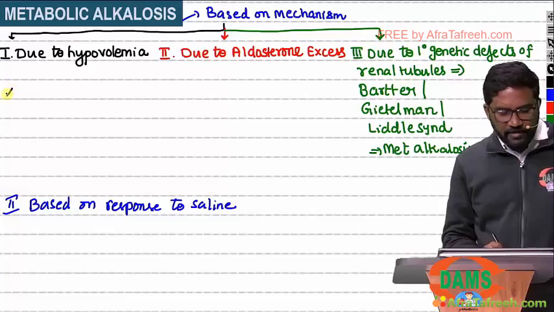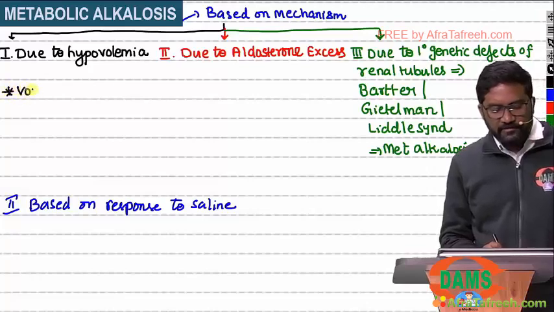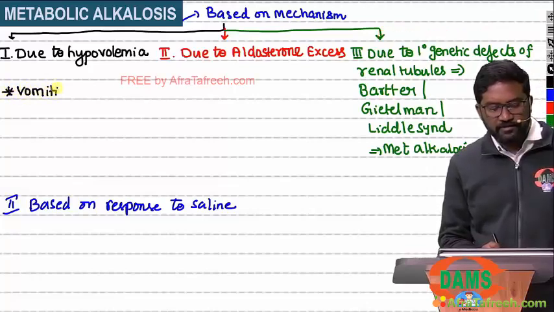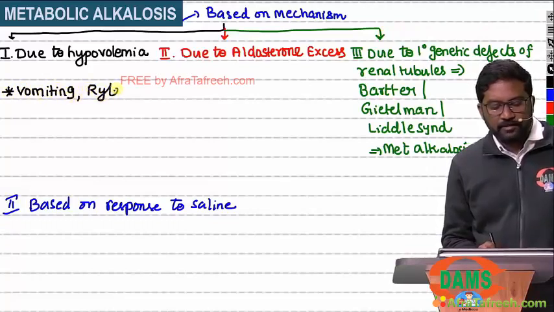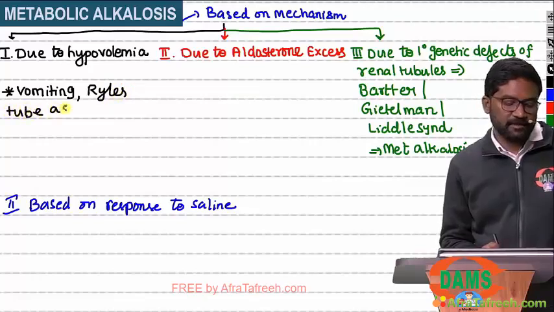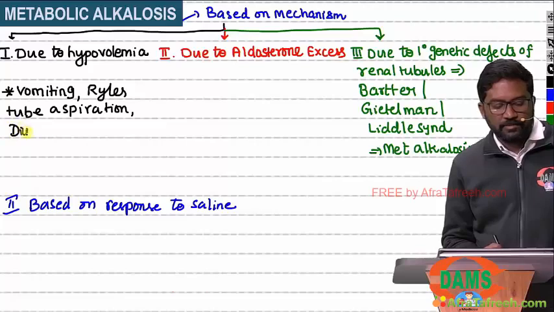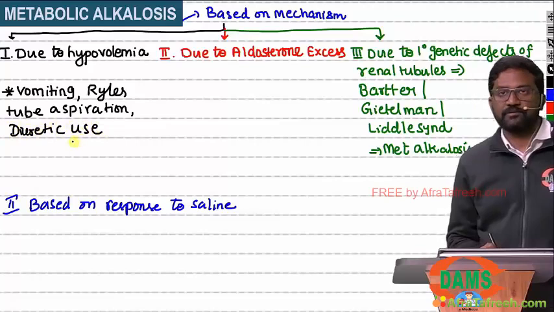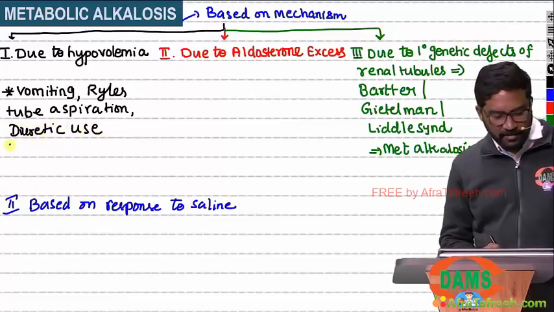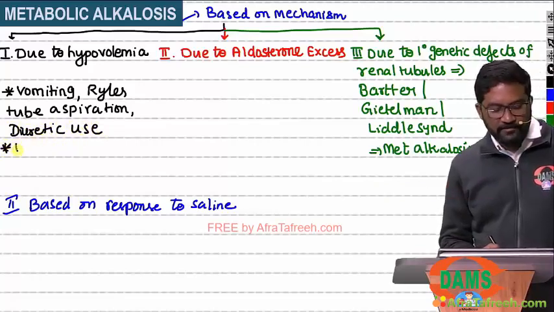Category 1, conditions such as vomiting. If a patient does it by himself, it is vomiting. If you put a Ryle's tube in the stomach and aspirate, it is the same result. And also long-standing diuretic use. In all these situations, ultimately there will be persisting volume loss.